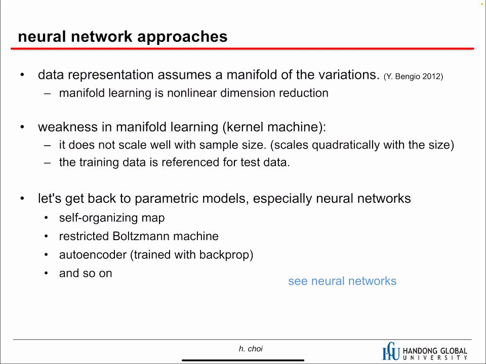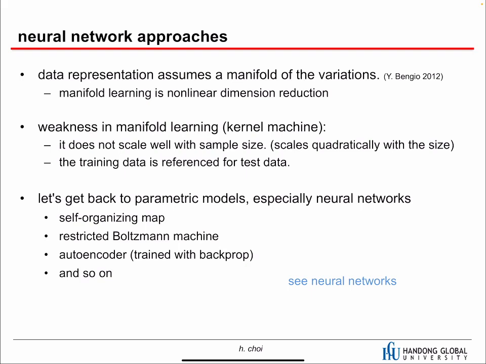And there is another approach for nonlinear dimension reduction. It starts from the data representation. Yoshua Bengio said data representation assumes a manifold of the variations, and manifold learning is a nonlinear dimension reduction method. There is a limit in the previous methods, like Isomap, LLE, and t-SNE: they do not scale well with sample size.